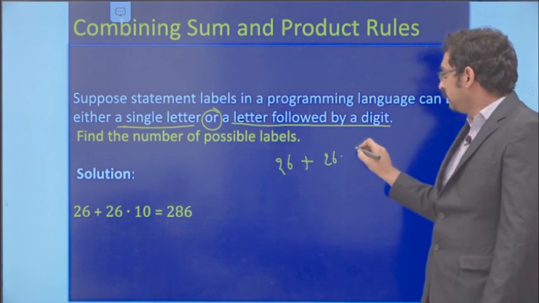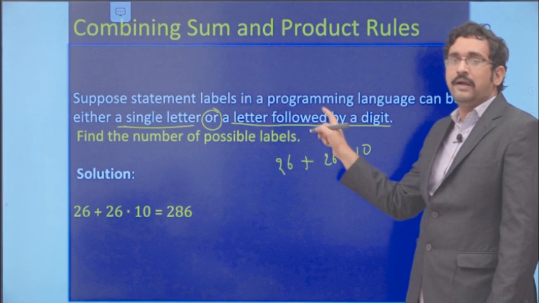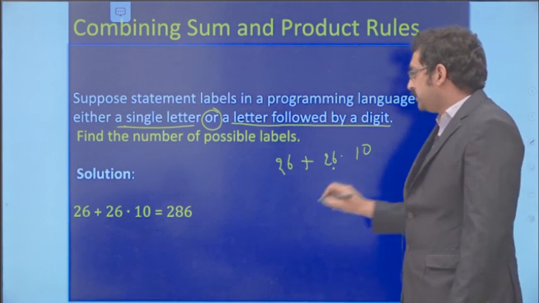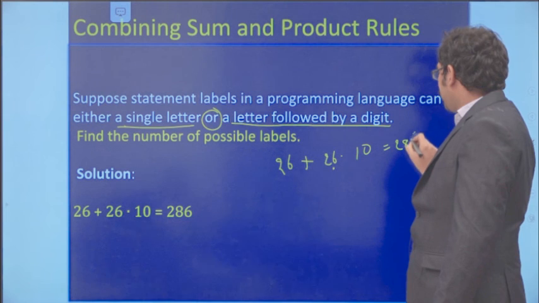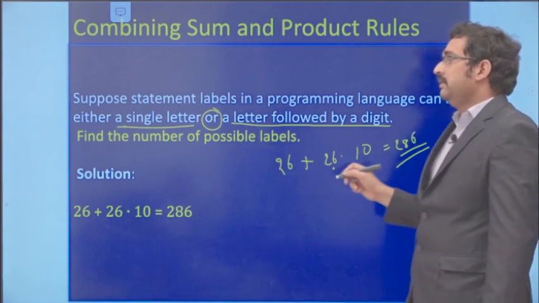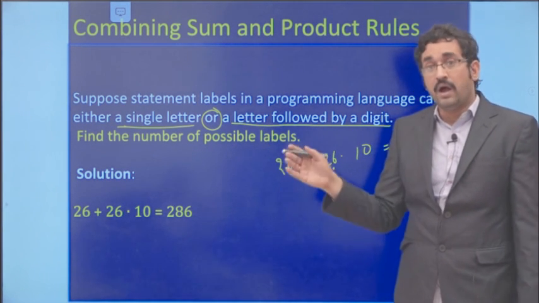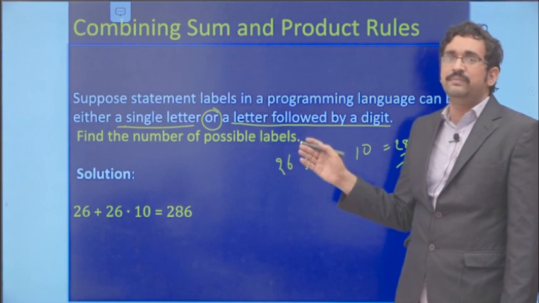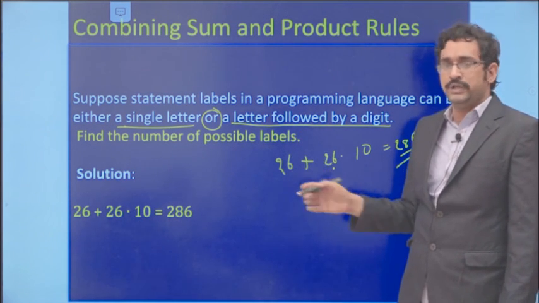So for a letter followed by a digit we have 26 times 10. So in total 286 possibilities are there for a single letter or a letter followed by a digit. Here we are combining both the sum rule and the product rule.